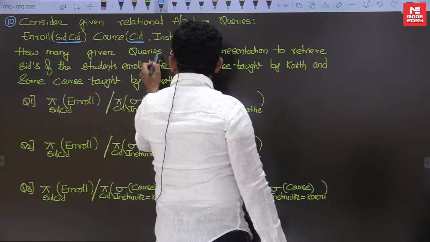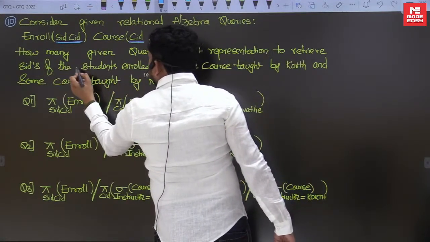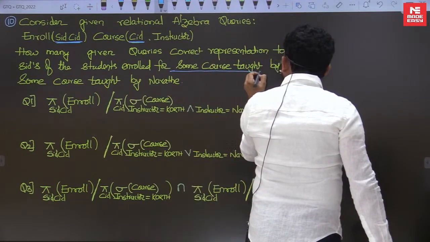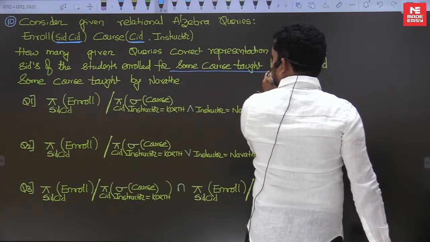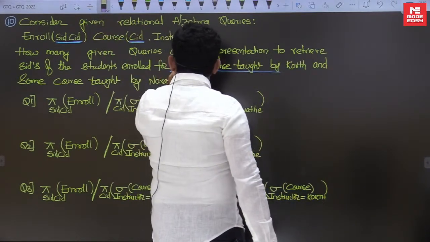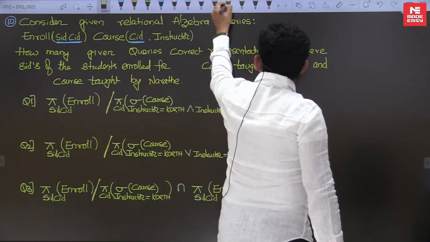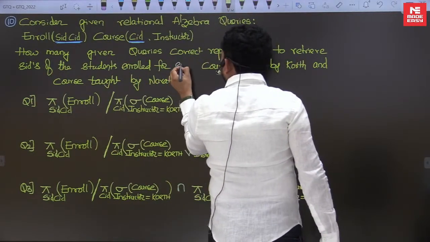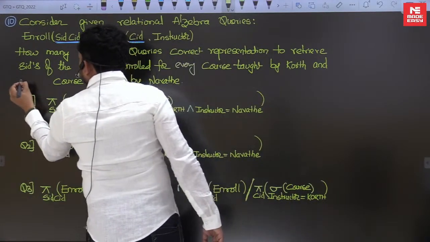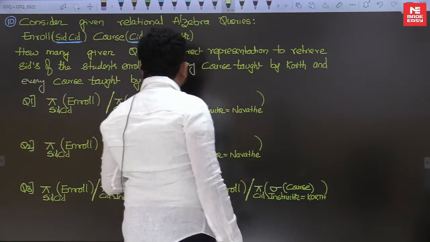How many of the given queries are a correct representation to retrieve SIDs of the students enrolled for every course taught by Koth and every course taught by Navate? Answer this question.